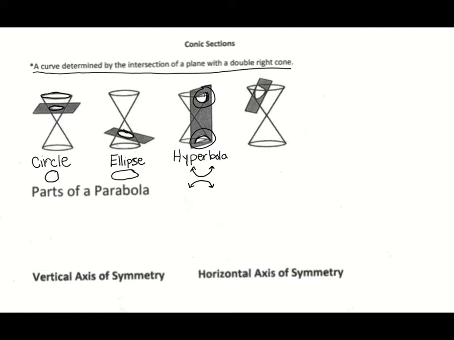And then our last one, it is just being cut in one spot again up here, but this time we're creating a similar U shape like a hyperbola, but it's only in that one spot. So we call this a parabola.